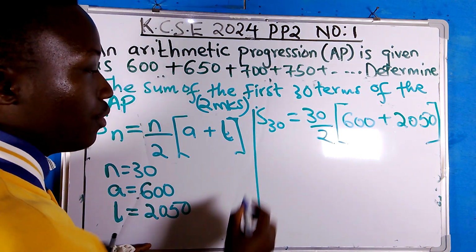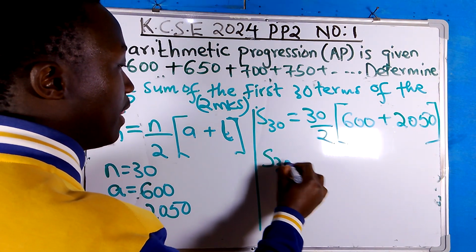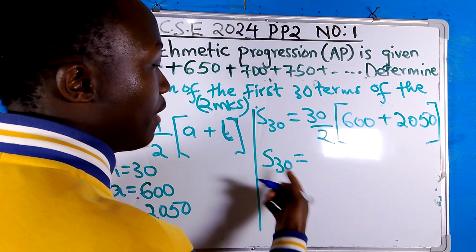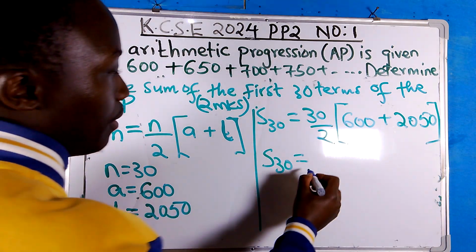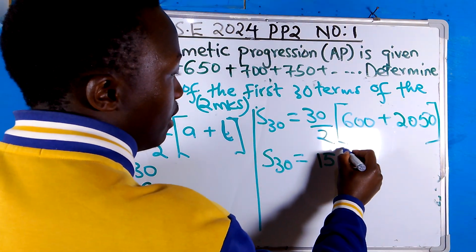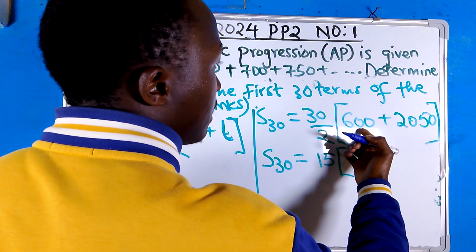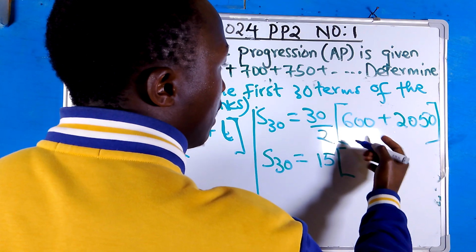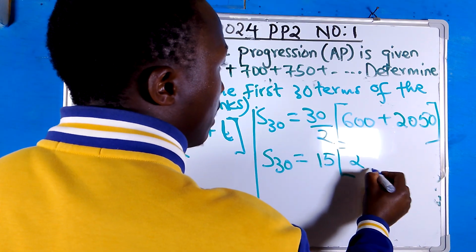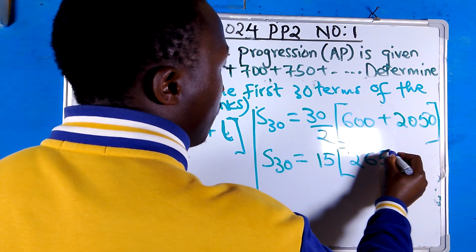And by doing that we will get our sum of the first 30 terms as 15 into brackets 2050 plus 600. That will give us 2650.